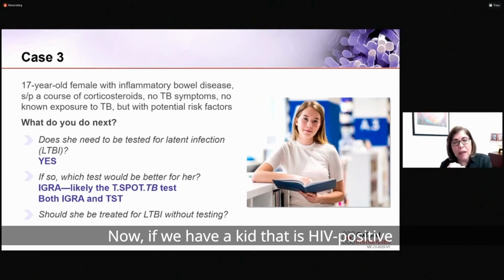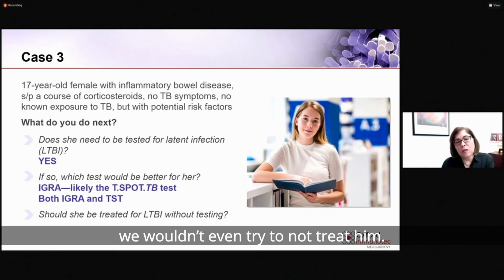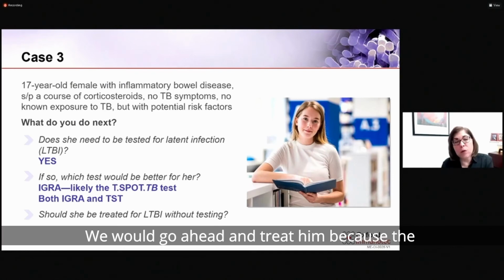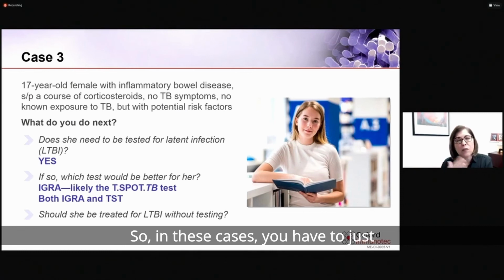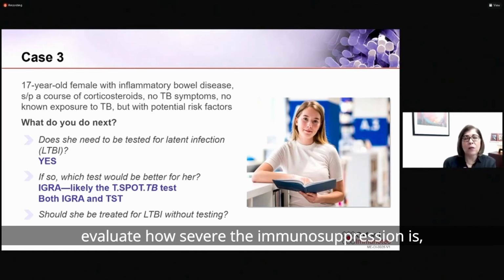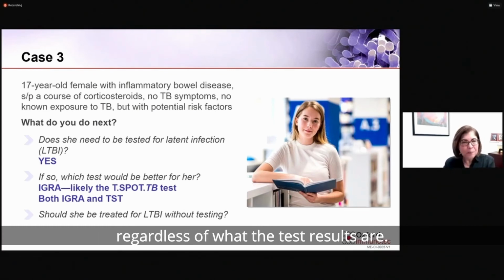But if we have a kid that is HIV positive, not on treatment, and has a very low CD4 count, and he has been exposed to somebody with TB, we wouldn't even try not to treat him. We would go ahead and treat him because the chances are too high. In these cases, you have to evaluate how severe the immunosuppression is and how high the risk of exposure was before deciding if you go ahead and treat them regardless of the test results.